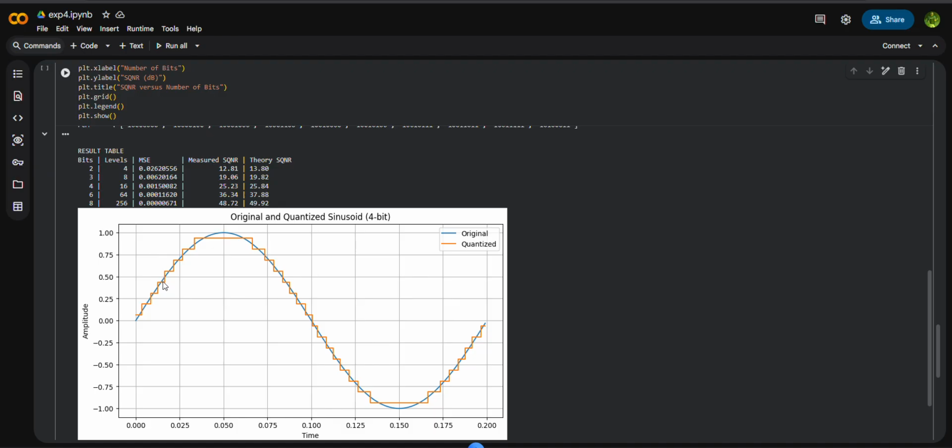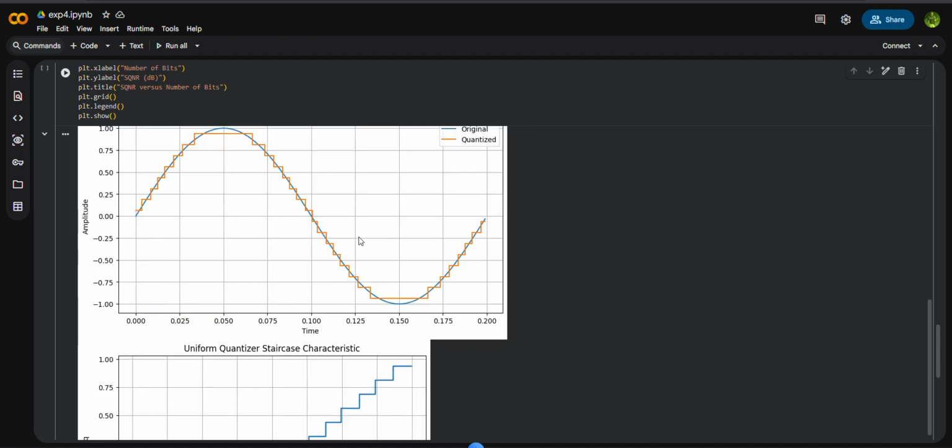Then, PCM encoding. What is PCM encoding? After quantization, every sample has a corresponding integer index. The index is converted into a binary number. For example, if we use 4-bit PCM and the quantization index is 5, the binary representation is 0101.